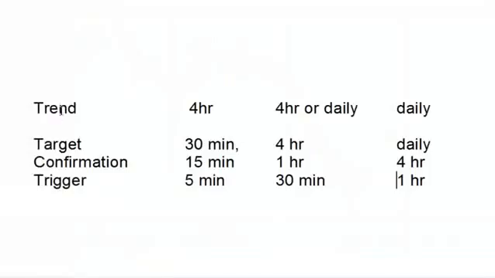So here we have an example of what we're talking about, the groupings of time frames. First of all, you want to find the trend on a larger time frame. Usually the 4-hour for the smaller time frames, for the mid-range time frames the 4-hour or the daily, and for the larger time frames the daily is what you want to use to find the trend. Then you have a target time frame. That's the main one you're looking to be trading in that direction when it goes up and down, up and down.